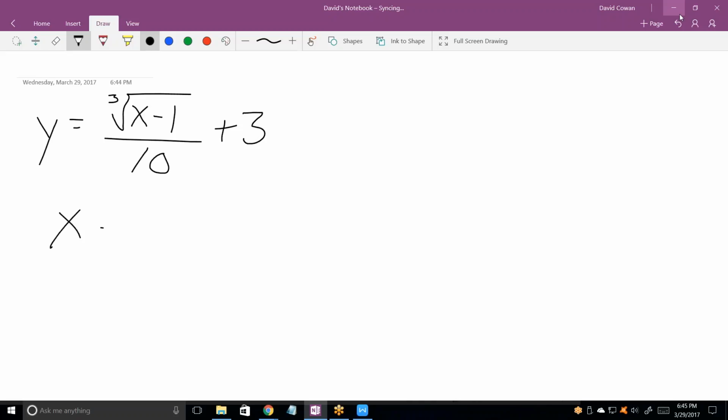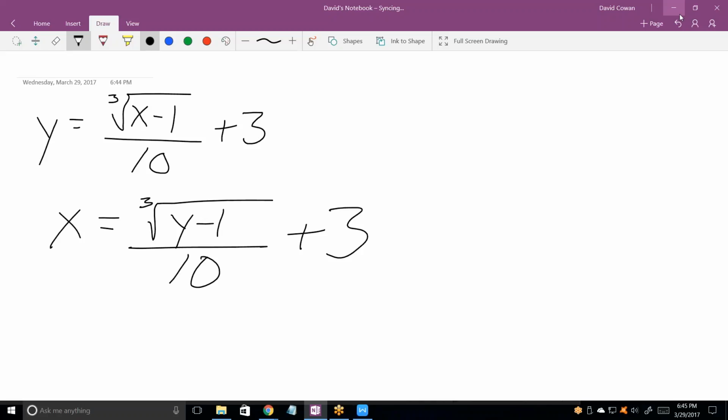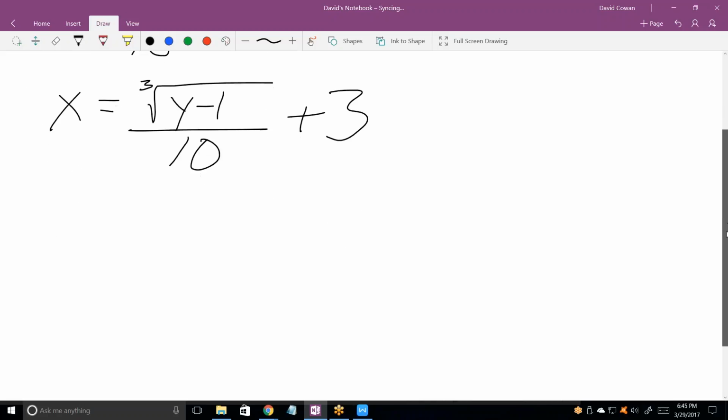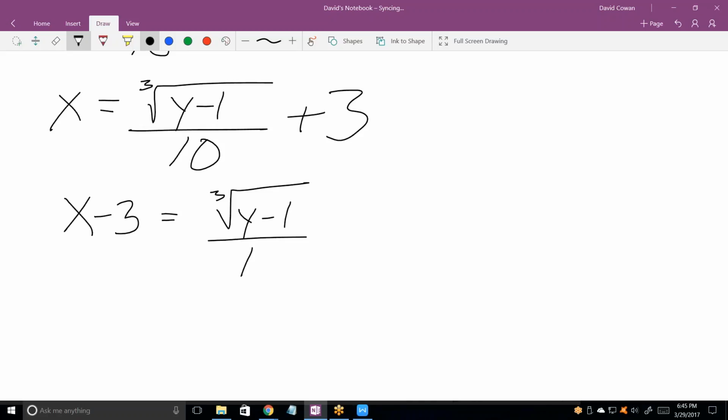So now I got x equals the cube root of y minus 1 over 10 plus 3. What's the next step? I'm trying to solve for y now. Subtract. Okay, so now I got x minus 3 equals cube root of y minus 1 over 10.